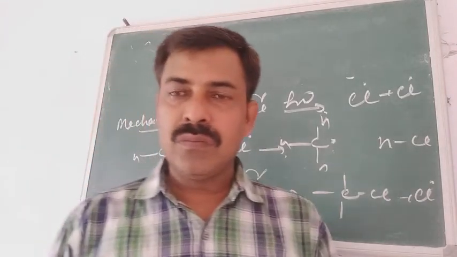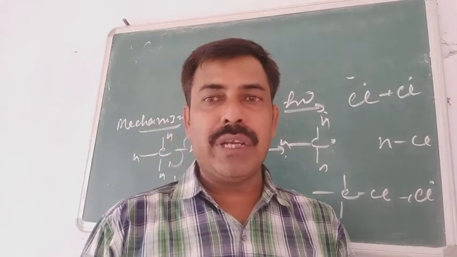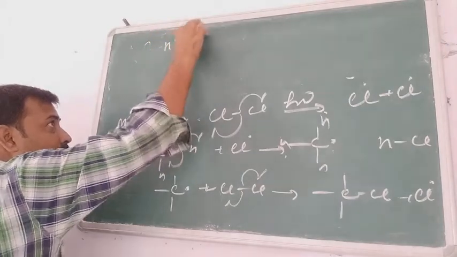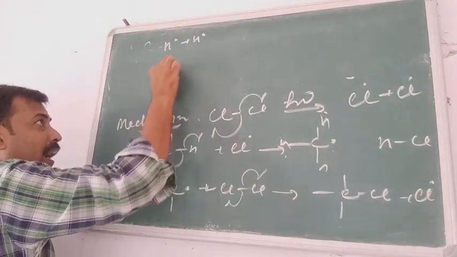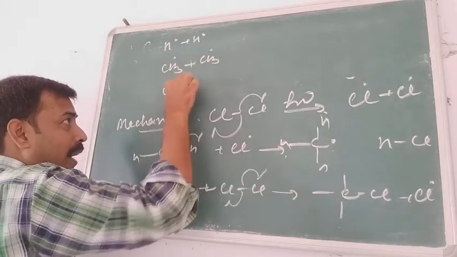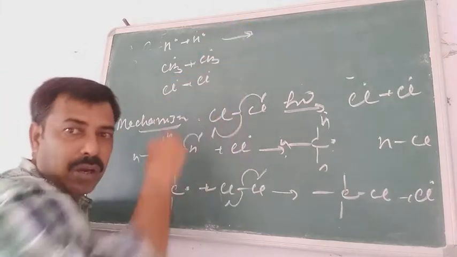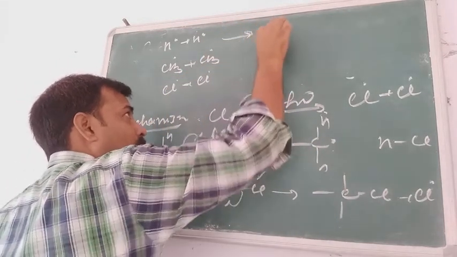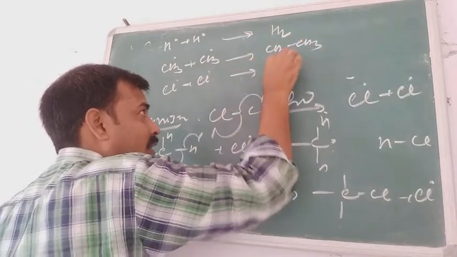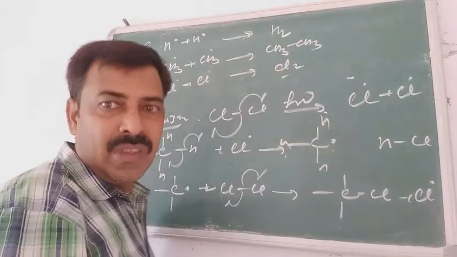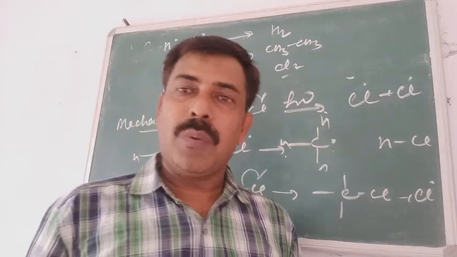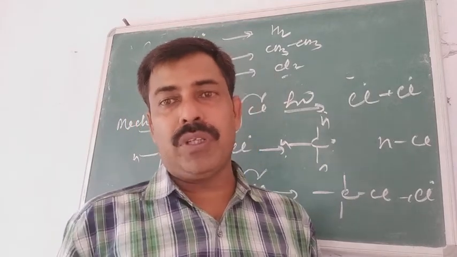So we are going to see the last step, that is termination. At the end, on the completion of the reaction, you will find that some free radicals remain, hydrogen free radical, methyl free radical, chlorine free radical, and these free radicals will combine with each other, and after combining they will form hydrogen, ethane and chlorine like species, and in this way all the free radicals will be consumed, and after the consumption of free radicals there will be no further reaction.